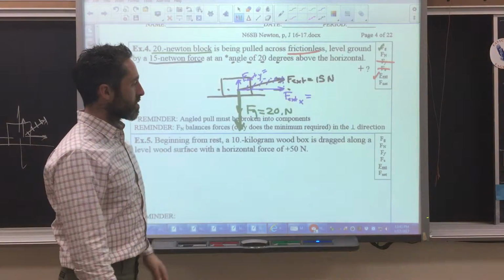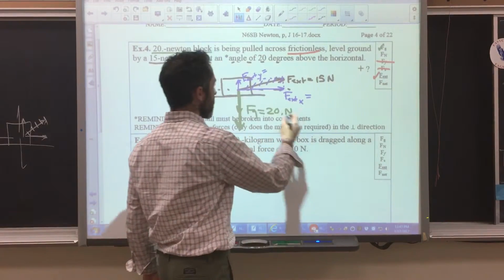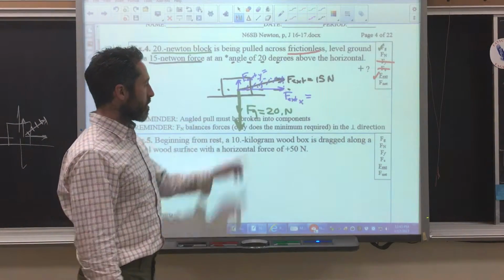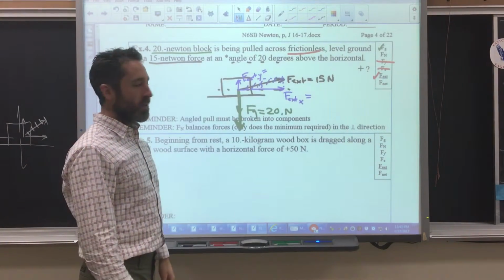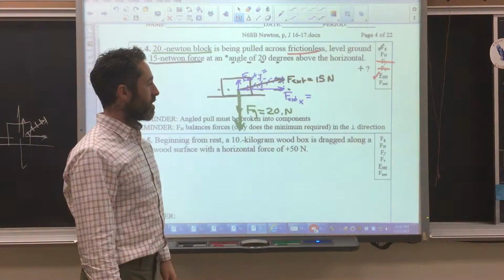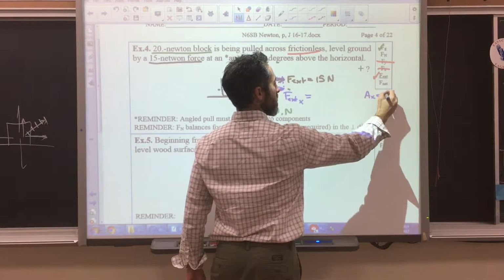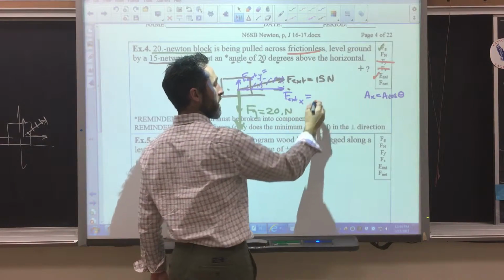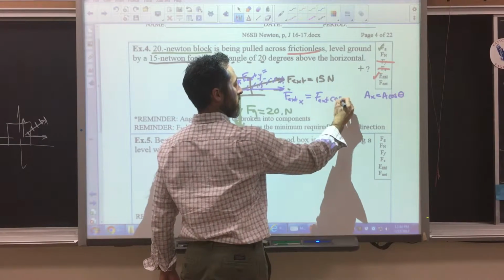So, what is external in the x? Well, you have in your reference table Ax equals A cos theta. This angle is 20 degrees. You also could just do SOHCAHTOA. This is adjacent. This is hypotenuse. There's your 20. Adjacent over hypotenuse is cosine. If you use the quick version, your Ax equals A cos theta from your reference table, page 6. Now it's F external in the x equals F external, the diagonal, times cosine theta.